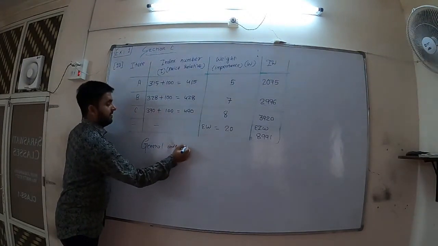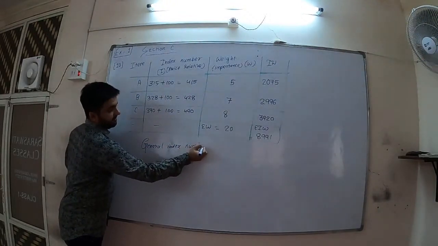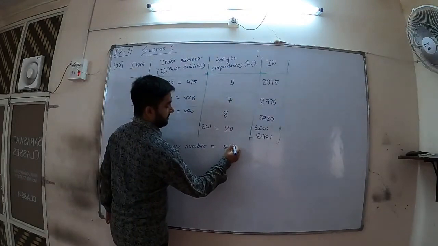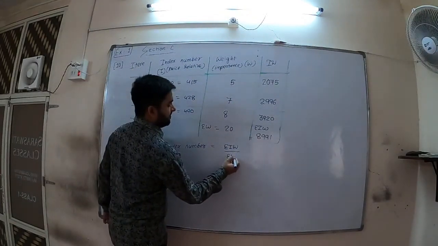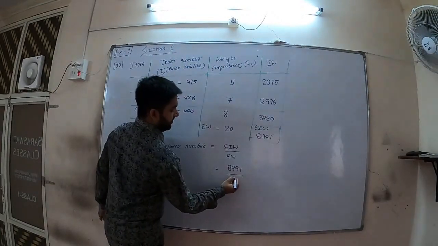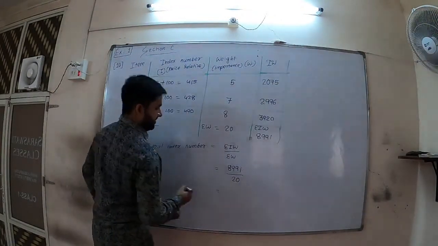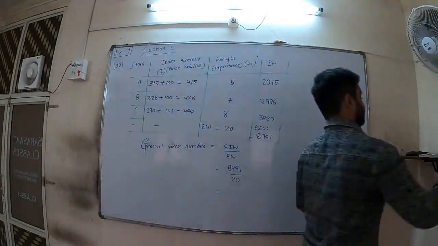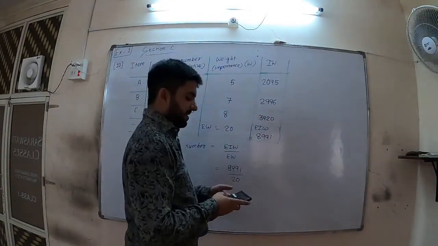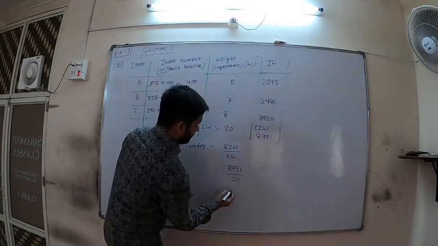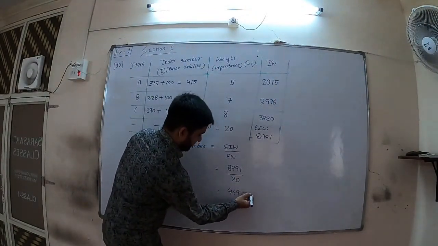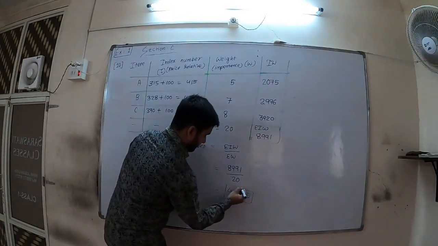General index number is equal to sigma IW divided by sigma W. 8991 divided by 20 is 449.55.